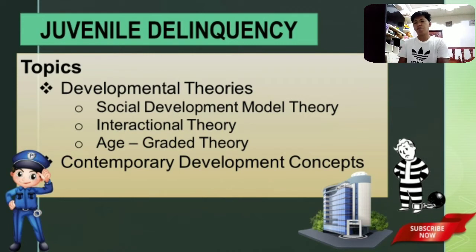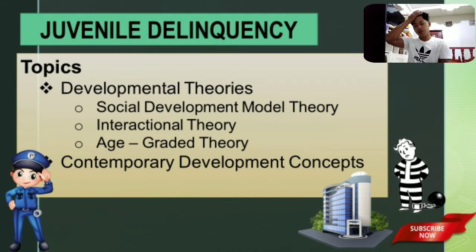So in relation to our previous lecture, where we talked about the different theories and the situation of juvenile delinquency in this modern world, today we're going to be talking about additional theories that have something to do with developmental theories.